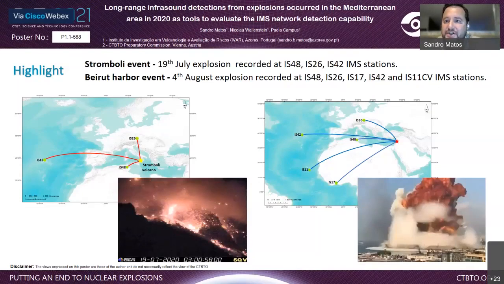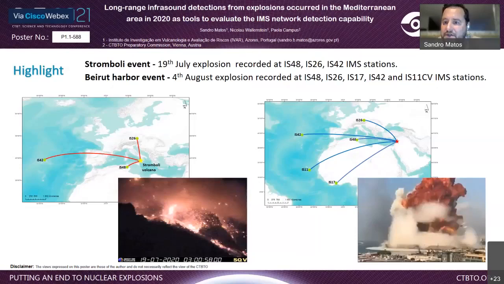Infrasound stations were selected from 500 kilometers to 3,600 kilometers related to Stromboli, and from 2,400 to 8,900 in the case of Beirut. In order to identify these coherent infrasound signal detections on the selected back azimuths, the data were selected and retrieved with an MS client application.